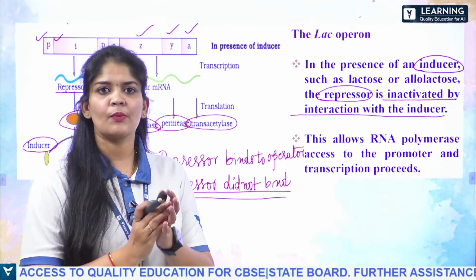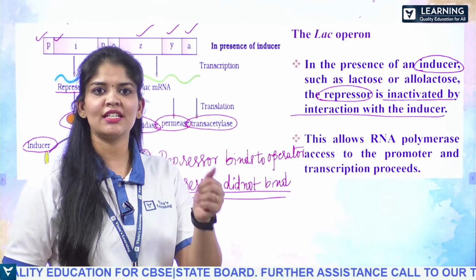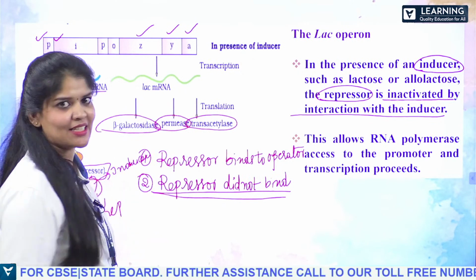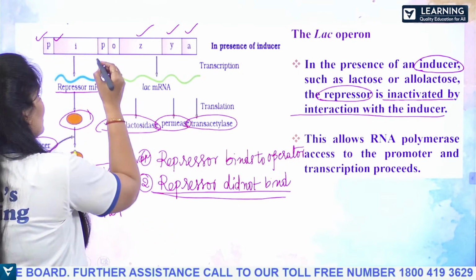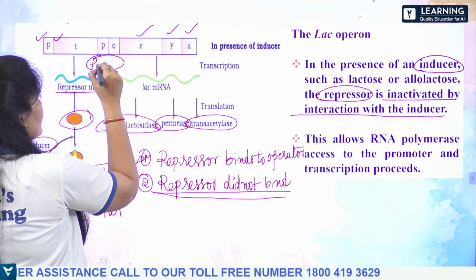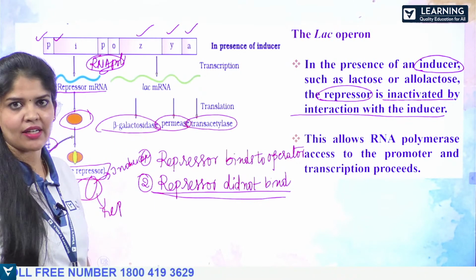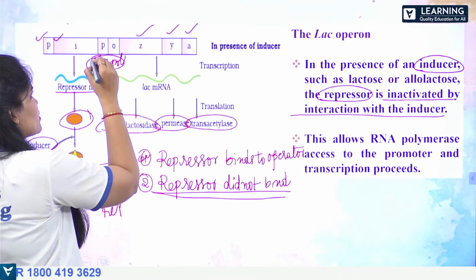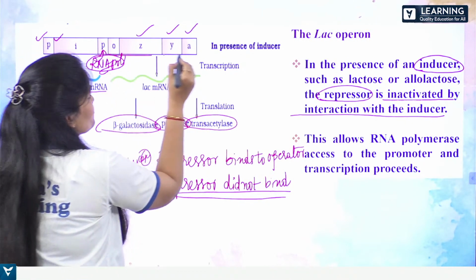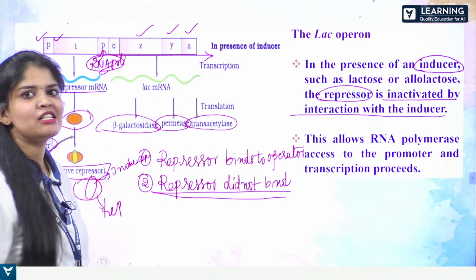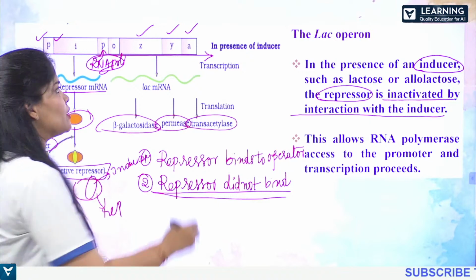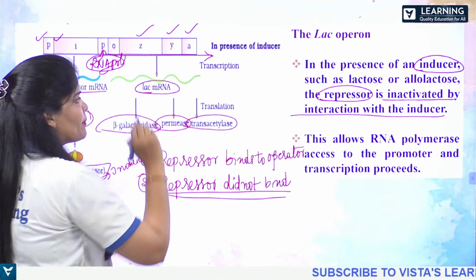Then where is the obstruction for the RNA polymerase? It will happily transcribe now. RNA polymerase, along with the sigma factor, will find the sequence of the promoter, then proceed towards transcription of the gene, which will produce lac mRNA.